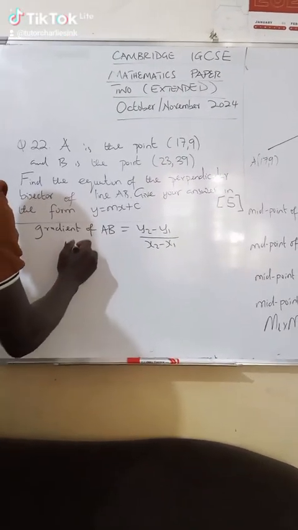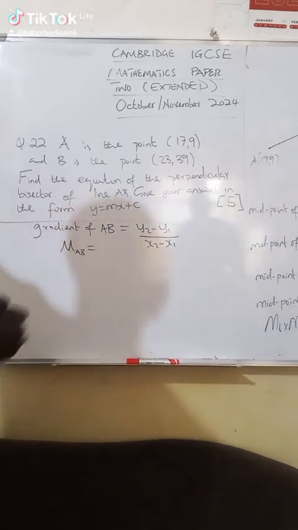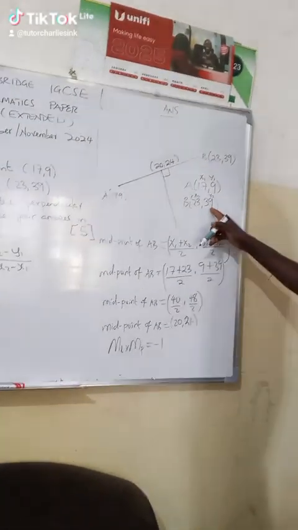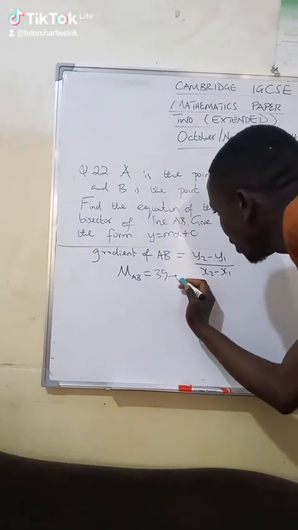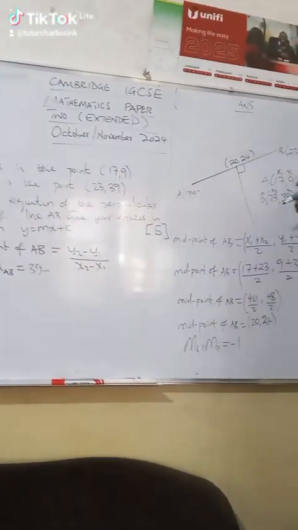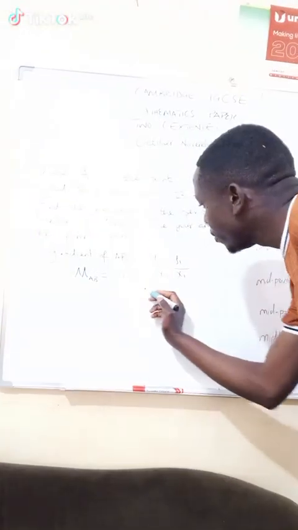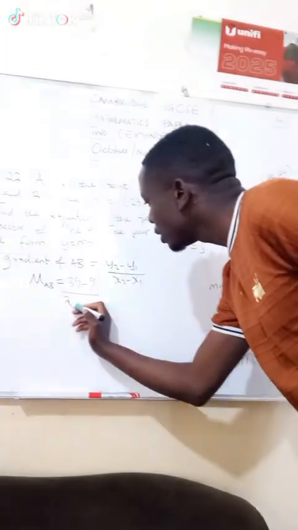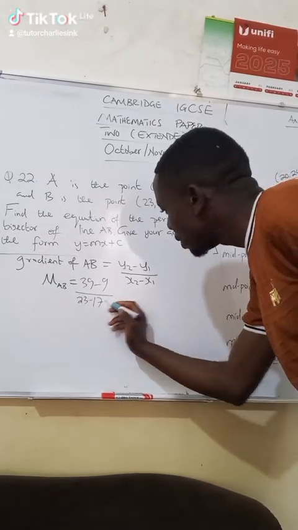So m of AB will be equal to: my y2 is 39 minus my y1 which is 9, over my x2 which is 23 minus my x1 which is 17.